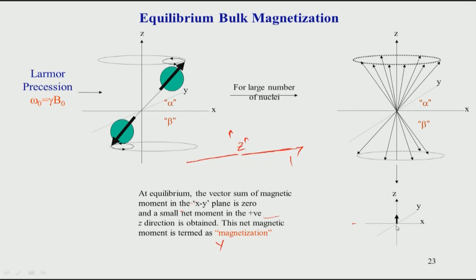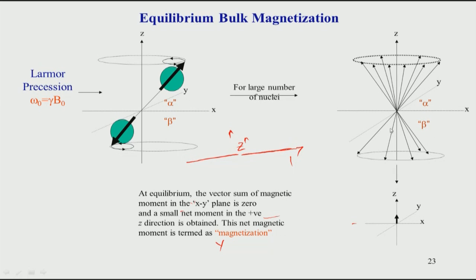So, when the magnetization vector is 0, it means the alpha state and beta state are equally populated, but when the alpha state is more populated than beta, then this will be positive. If the beta state is more populated than alpha, then this will become negative. So, therefore, this magnetization vector all depends on the population between the alpha state and the beta state, and that is the whole idea of NMR.